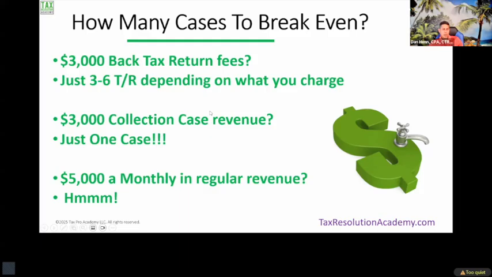And it's going to depend on what you charge, but that could be anywhere from 3 to 6 returns. You can get $3,000 on a relatively easier collections case. That's just one case. And if you wanted to get $5,000 of monthly regular revenue, that's anywhere from 1 to 3 cases, usually at the most. And that's not even if you're charging that much for those cases.